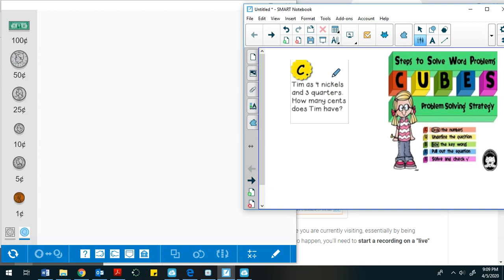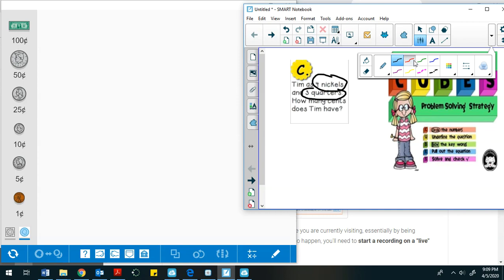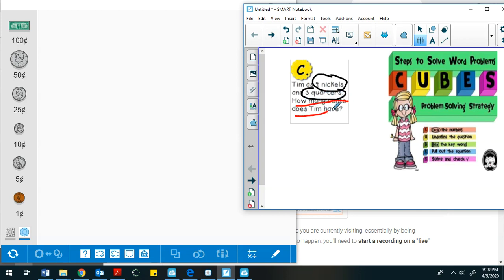So I know that he has 4 nickels and he has 3 quarters. Next, I need to underline my question. So when I do that, the question is, how many cents does Tim have?